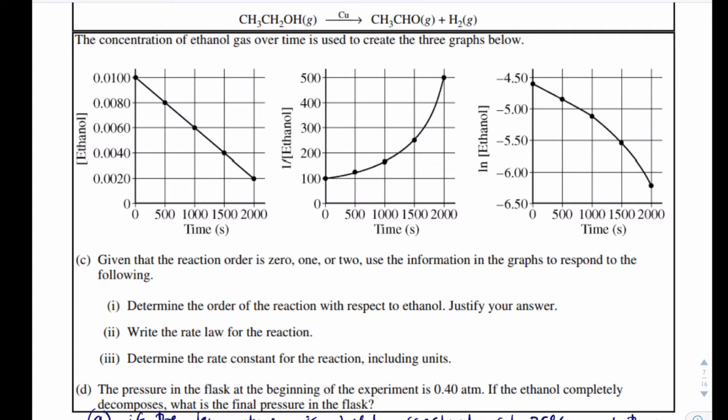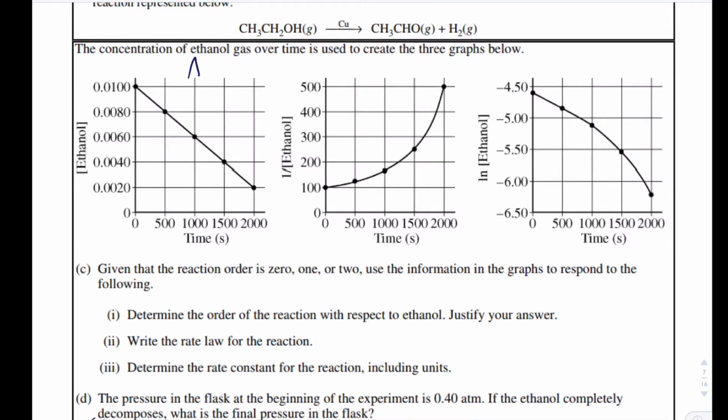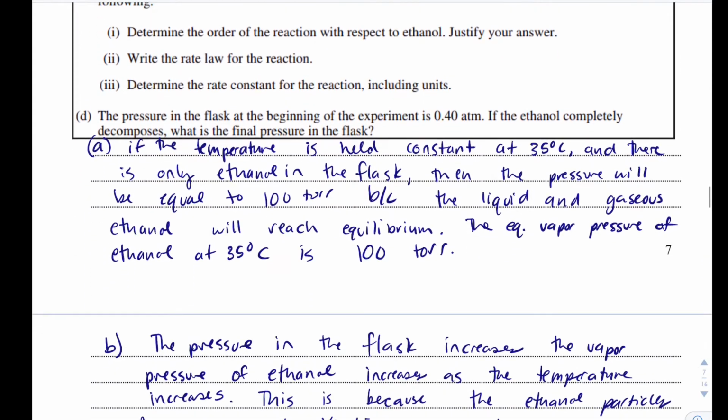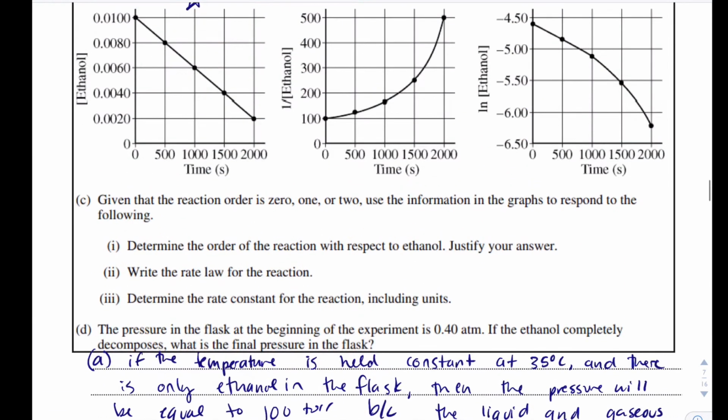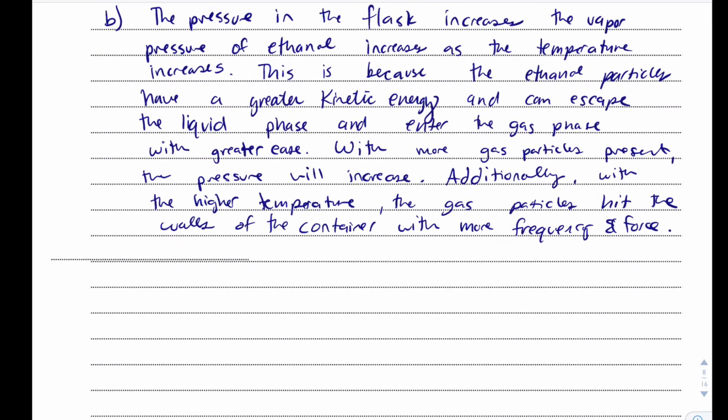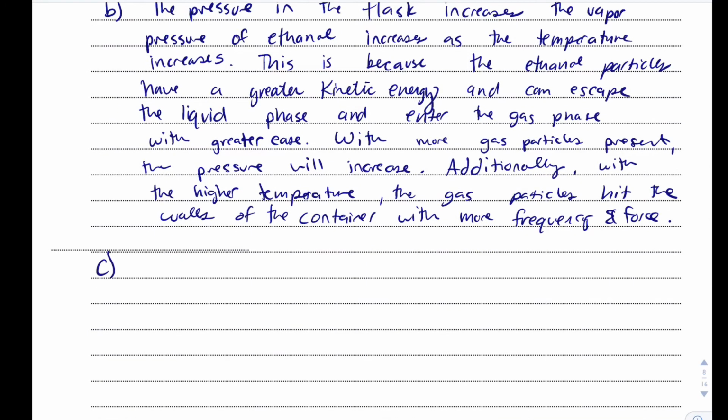So before I even read parts 1, 2, or 3, this graph has caught my eye because it's a straight line. And we know that we are typically looking for the kinetics graph for the integrated rate law that gives us a linear relationship. Okay, so in part 1, it says determine the order of the reaction with respect to ethanol. Justify your answer. So that should be a relatively straightforward question.